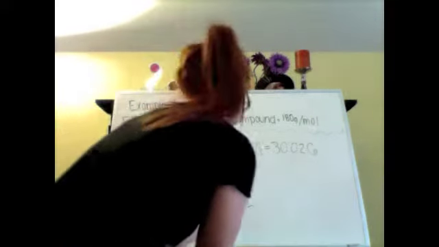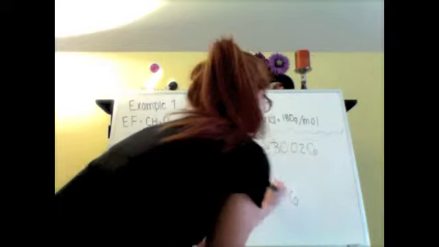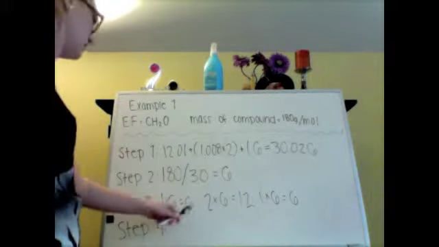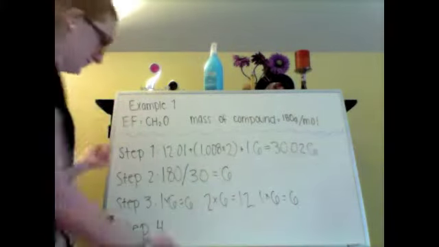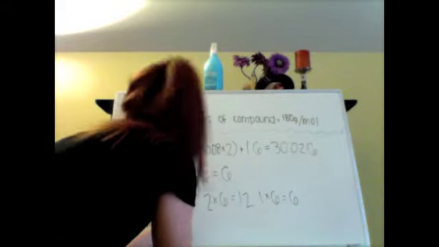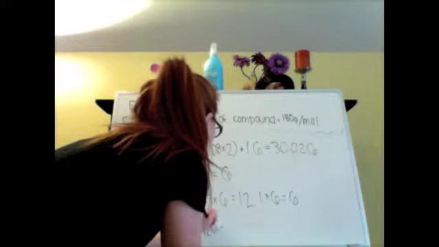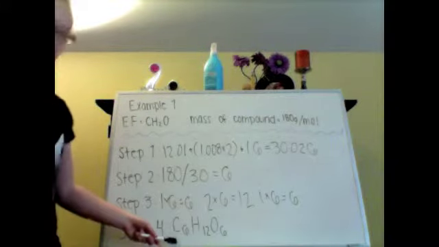And then 1 times 6 again, which is 6. Then you take these answers, and those are your new subscripts. So it'd be C6H12O6, and that is your molecular formula.